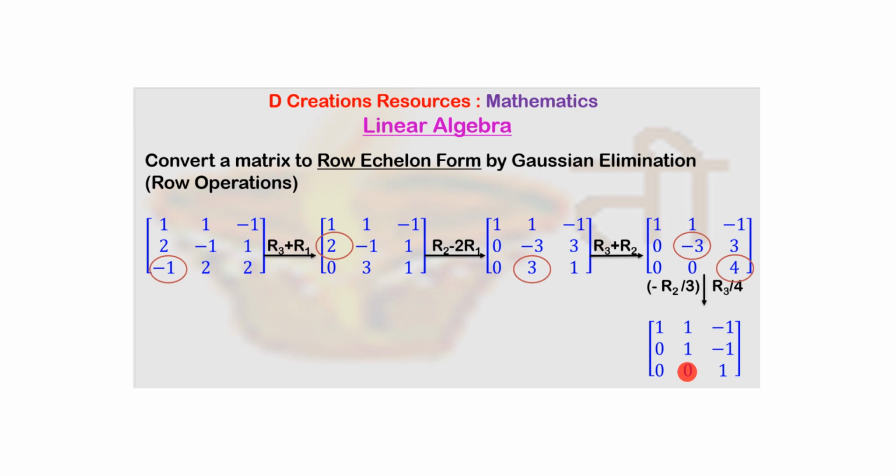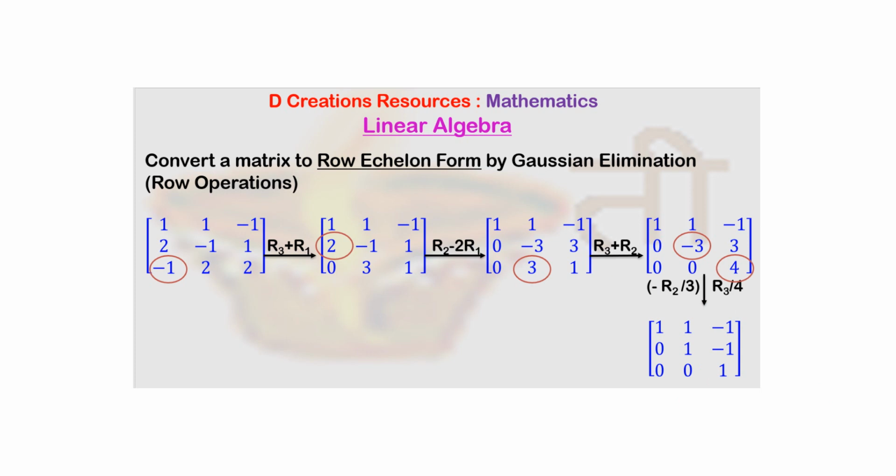This is the leading entry, it is to the right of this. This is the leading entry, it is to the right of this. And all the entries below 1 are 0. In this case, this is the leading entry, so the entry below this is again 0. So this matrix is an example of row echelon form.